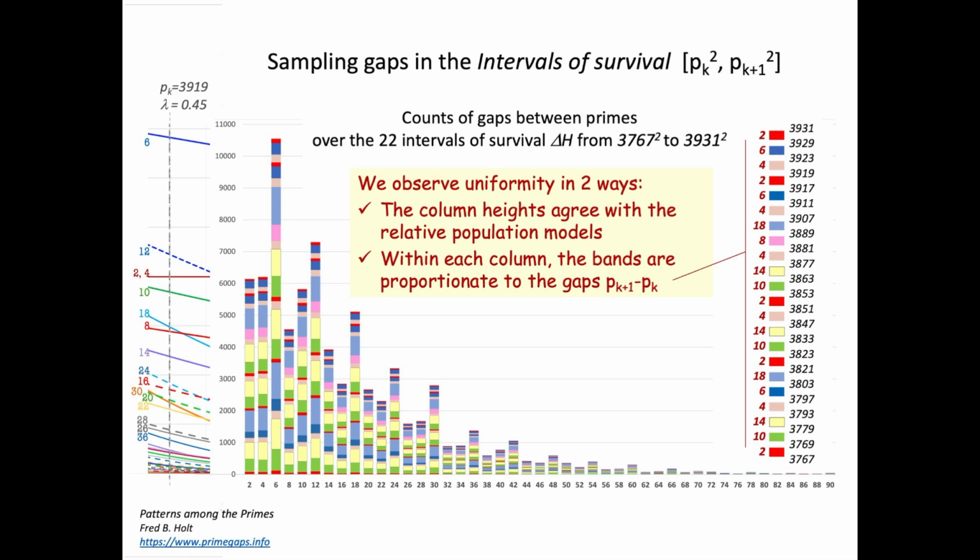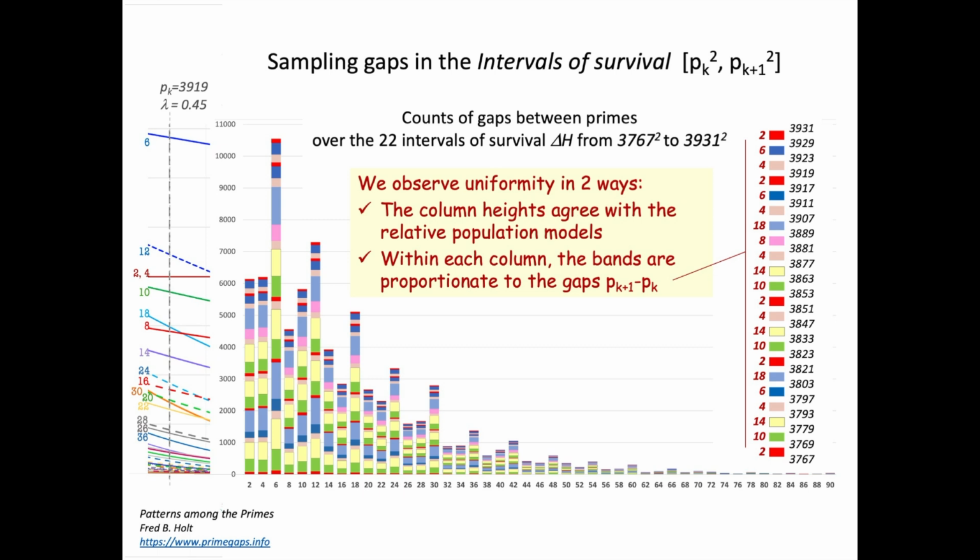That is, the green band for 10 should be about 5 times the size of that bright red band for 2.